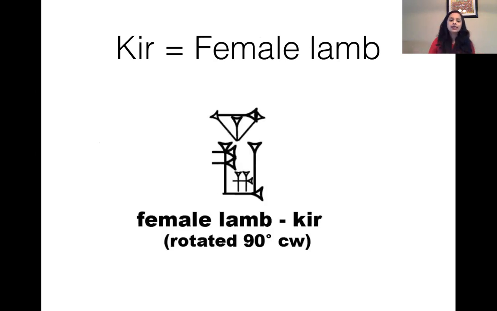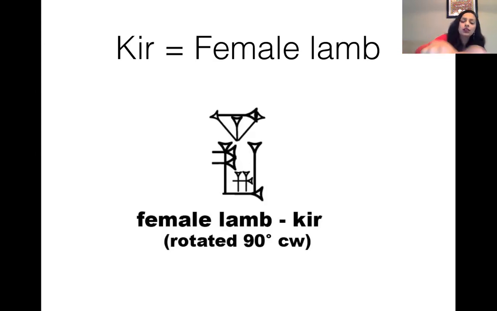So here is an example of one of the first syllabic words. This is Kir. The meaning of Kir is a female lamb, and as you can see, it still looks a great deal like it's pictographic, right, or logographic, but each of these stands for a syllable.